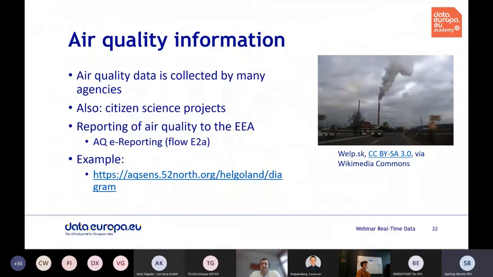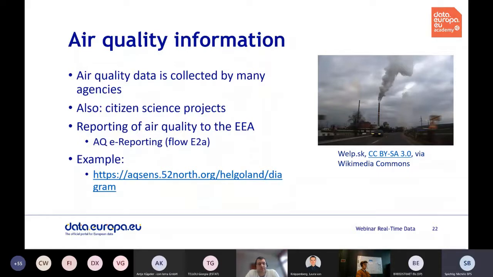The last example that I would like to talk about is air quality information. That was also mentioned as one of the answers given by you on Slido. And here, air quality data, again, is collected across Europe by many agencies. There are also citizen science projects working on this.